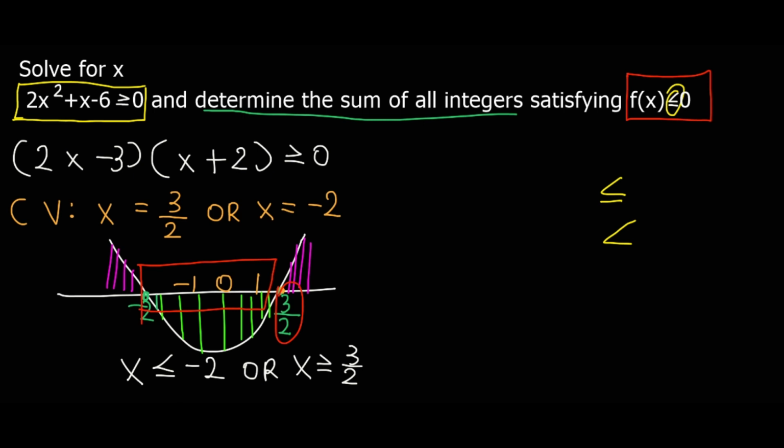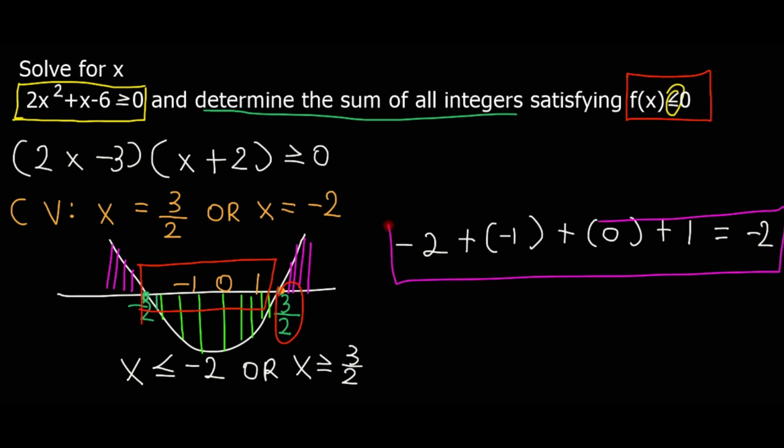So in this case we include -2 and then -1, 0 and 1, but not 3/2. So finding the sum, we say -2 plus -1 plus 0 and then plus 1, and if you press this calculator it will give -2. So this is our answer. Our answer for this part, the sum of integers where f(x) is less or equal to 0.